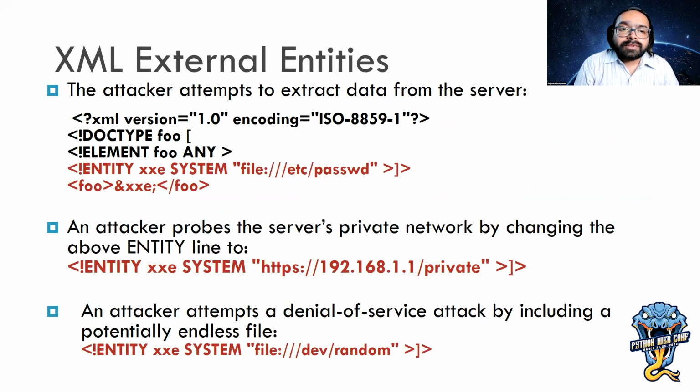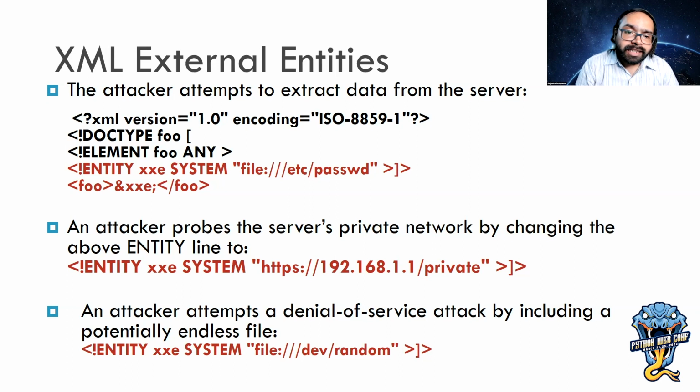Now, on this slide, we'll see some examples related to the XML external entity attack. In HTML, we have HTML entities which can be used to print special characters or characters which have special meaning. The greatest advantage of XML is that it allows you to create your own elements, attributes, and entities.